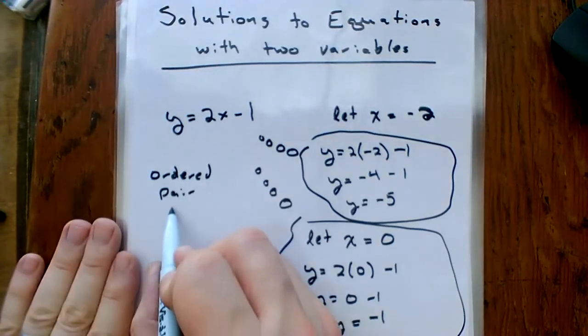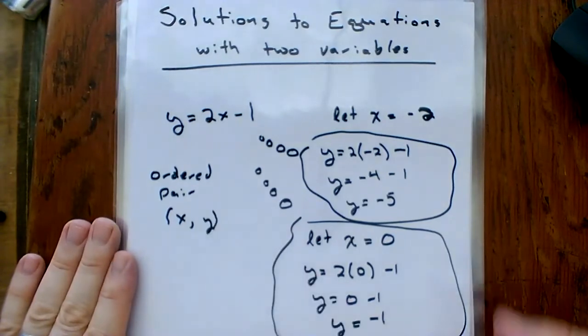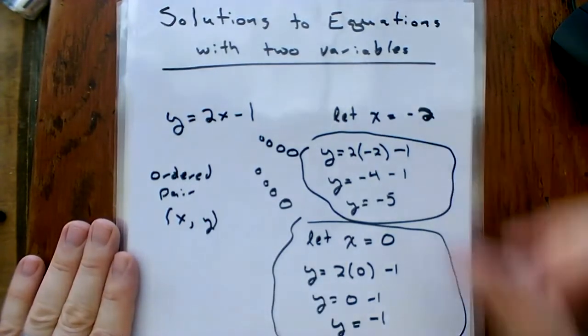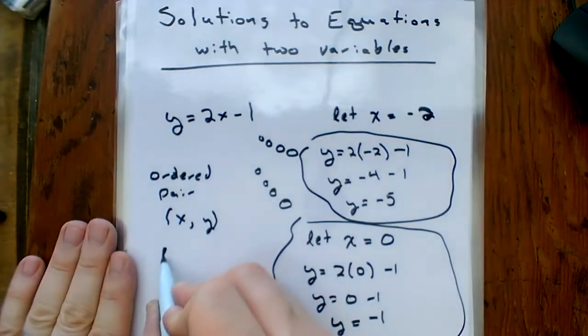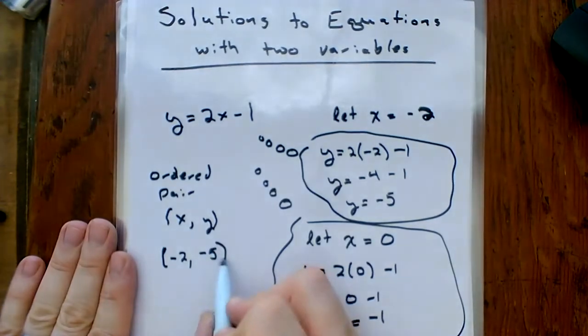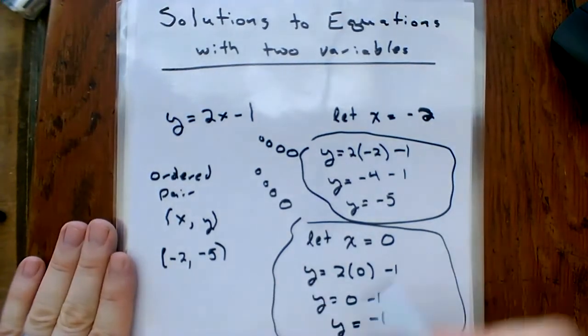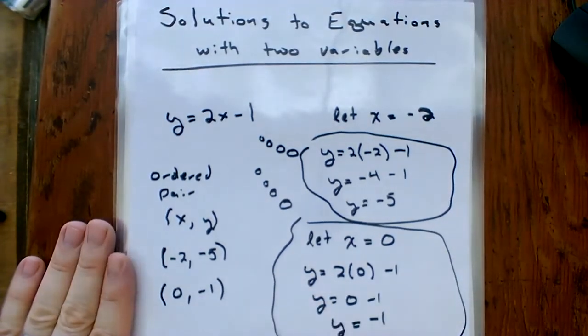That ordered pair is usually listed as x and y. So one of my solutions is when x was -2, y is -5. When x was 0, y was -1. That was another one of our solutions.